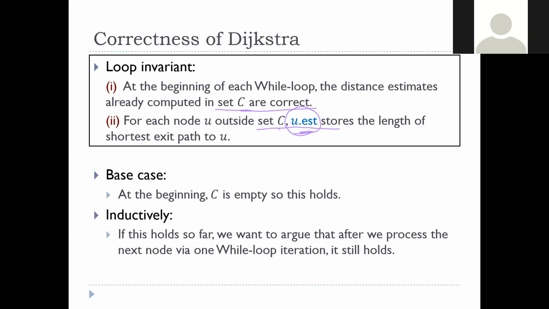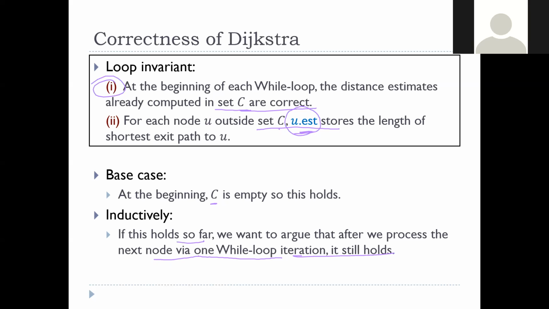At the beginning, set C is empty, so this loop invariant trivially holds. Inductively, we want to argue that if this holds so far, then after we process the next node in the while loop iteration, it still holds. If we can prove this inductively, then in the end, when there is no node outside, by the first invariant we have computed the shortest path distance to all nodes correctly.